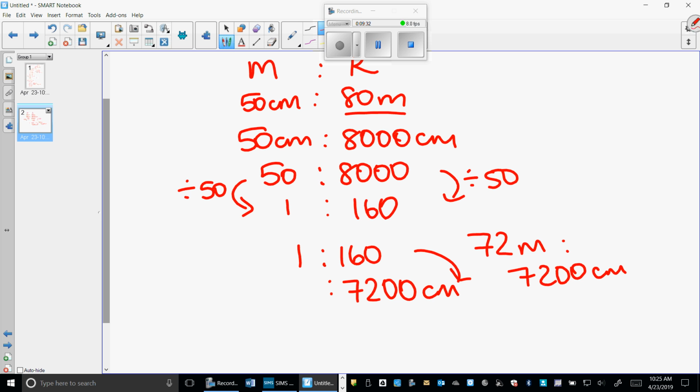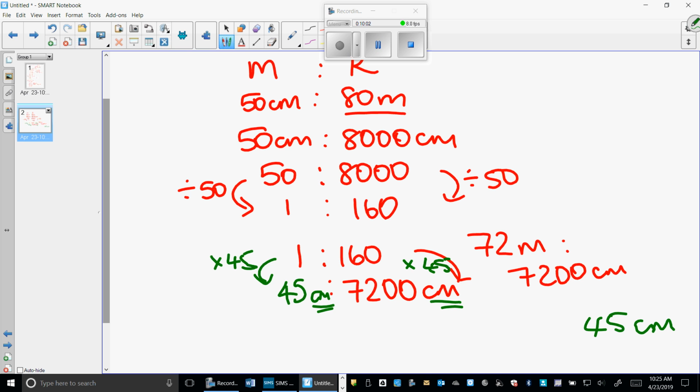What did I do to my number? I multiplied by 45, so that means I'm going to have to do this. Multiply by 45. And again, that would be centimeters because this one was centimeters. And so my answer is 45 centimeters.